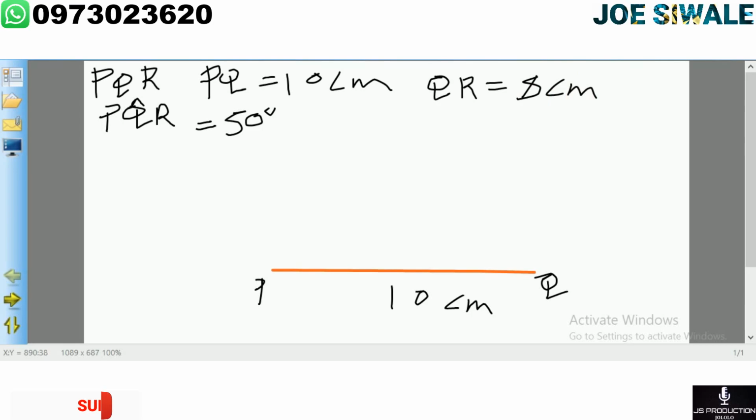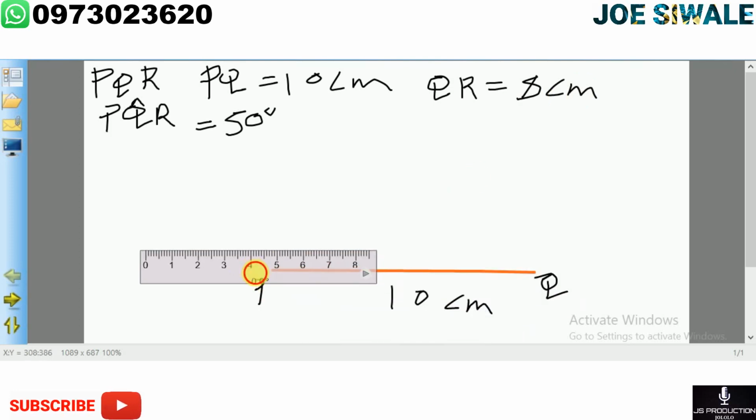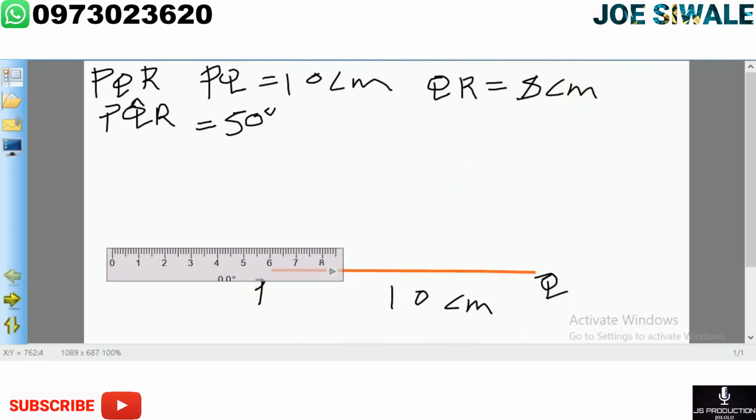So the thing that I'm going to do is to put my meter there. I'll put it here. Then I'm going to get my compass.